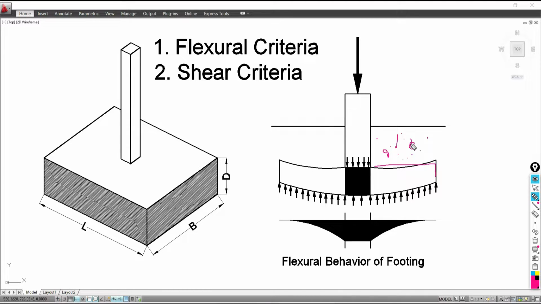So you are right, but here we are going to neglect this downward pressure exerted by this soil mass. Why is it so? Because whatever load is exerted by this soil mass in downward direction, it is very, very less than that of the upward soil pressure. So that's why we are going to neglect that.